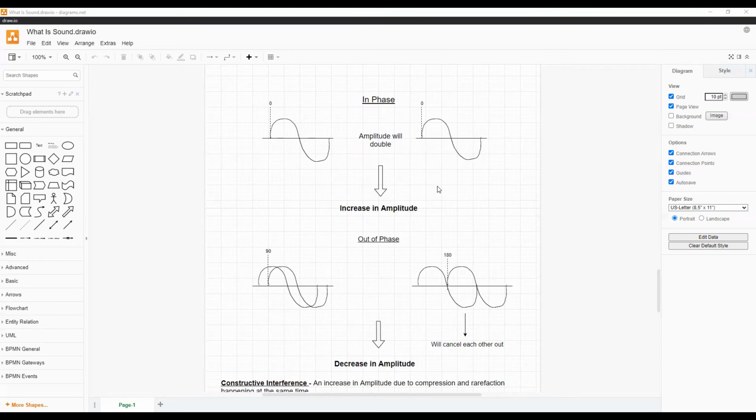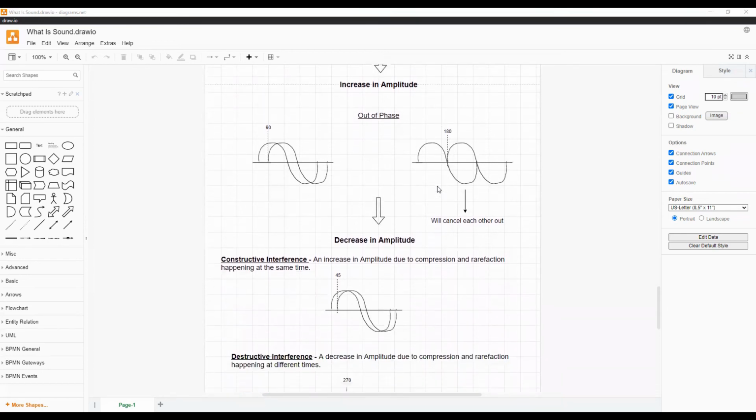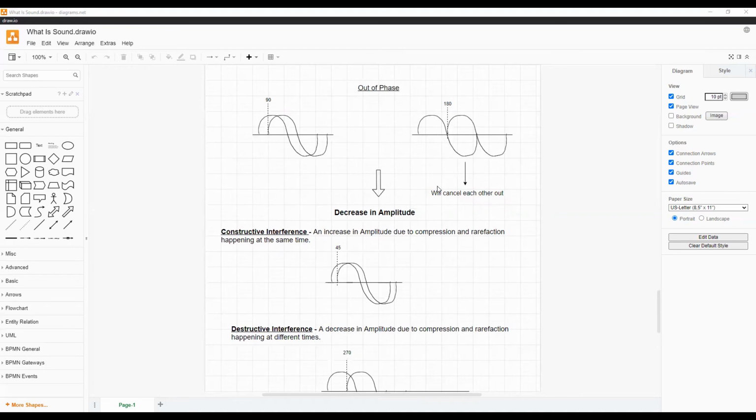Now the opposite also happens. If two or more waves begin at different times, they are out of phase. So for this example, we have one that begins at 0 degrees, and the other wave shifts to a 90-degree start. This means they are out of phase and will decrease in amplitude when put together.